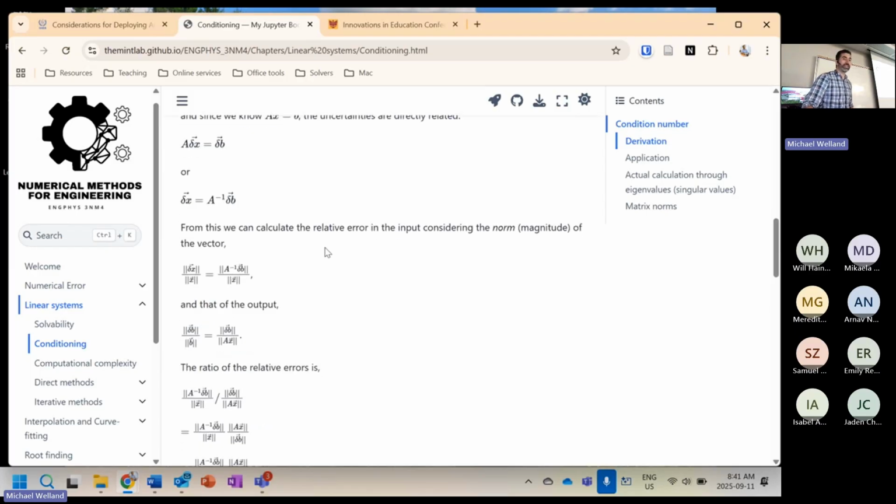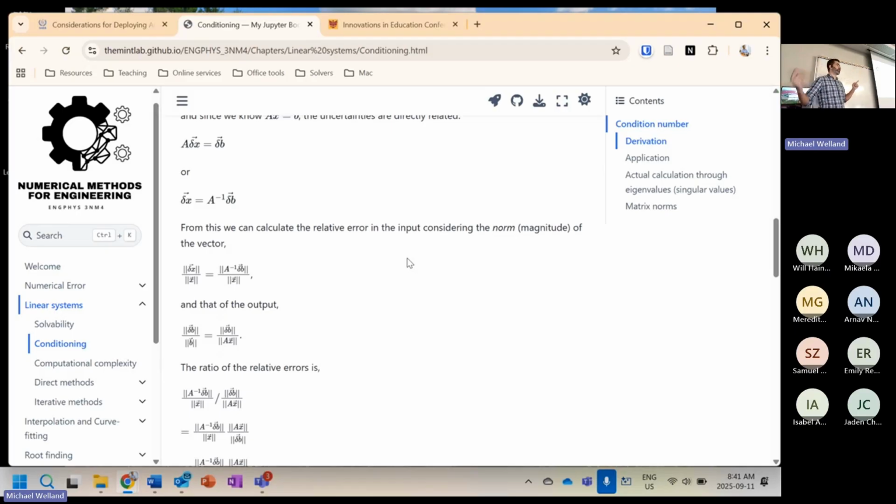Okay. Now we're going to calculate the relative error in the input. And we're going to consider the norm of that vector, okay? So the norm is this concept that says if you have this vector, right? The most familiar norm is the magnitude of the vector. It's not the only norm. It turns out, and I went over this, and I didn't get into this quite quickly enough. The Pythagorean norm, the Euclidean norm, is the most familiar to probably you guys at this point.